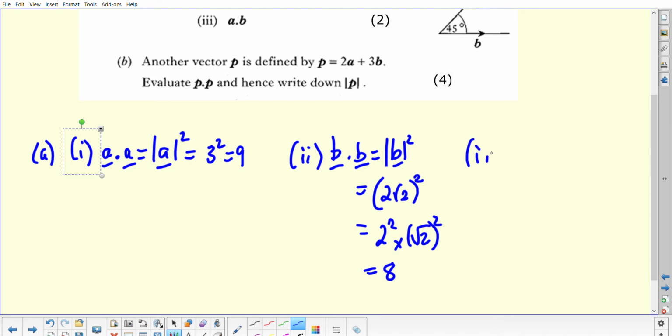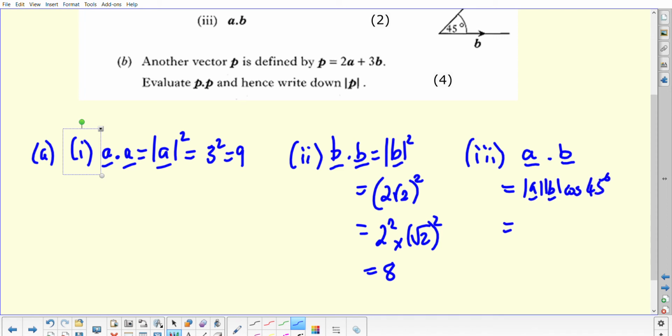And then the third one that you had to work out was A dot B, and by definition, to work out your A dot B, that would be your magnitude of A, magnitude of B, cos the angle between them, which is of course 45.